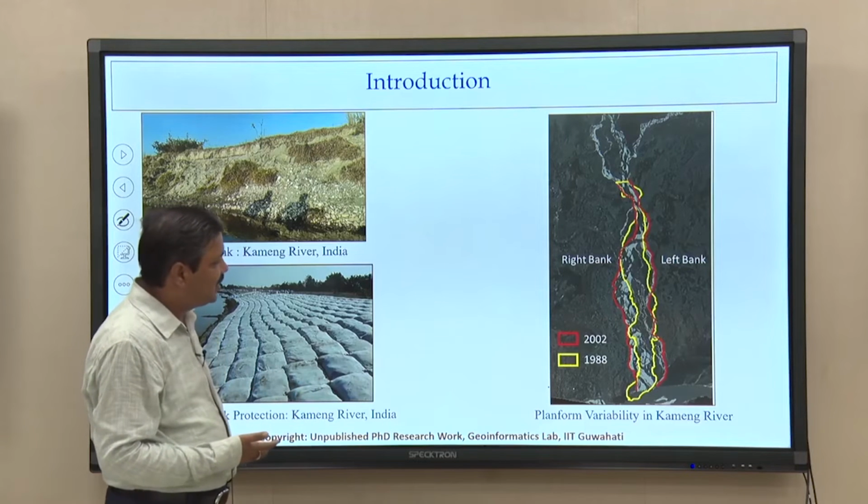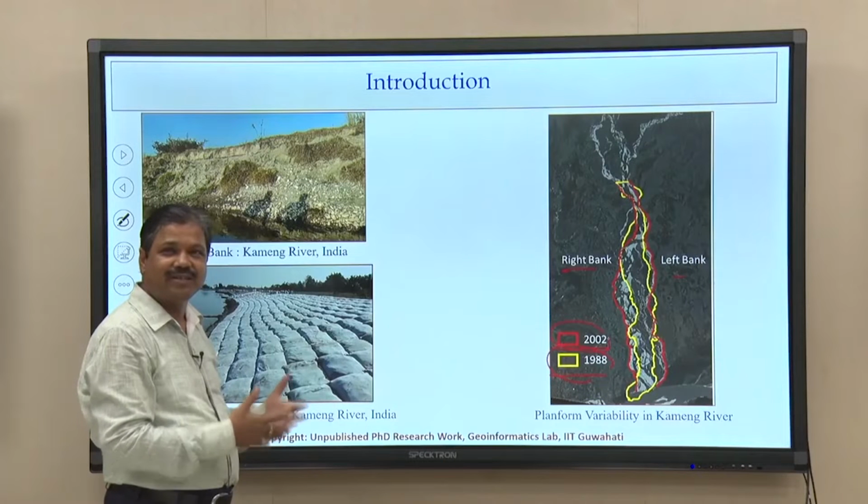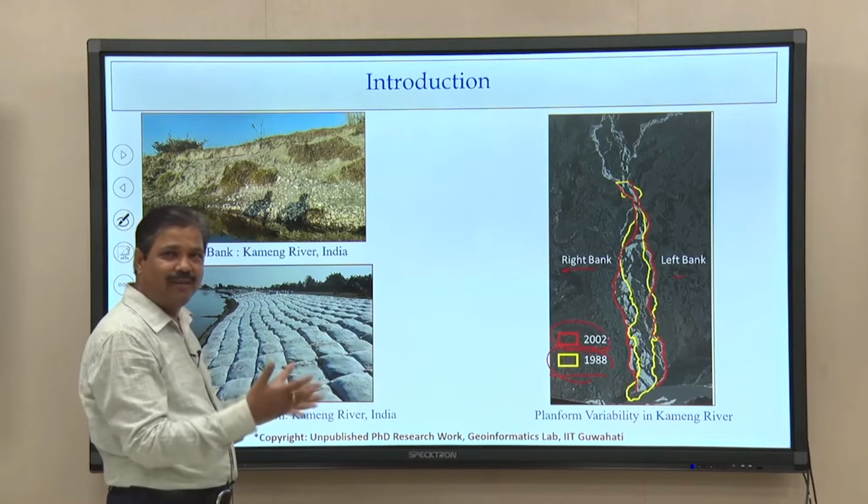If you look at the satellite imagery analysis of the Kameng river, one of the tributaries of the Brahmaputra, you can see how the bank line migrations are happening. This is the right bank, this is the left bank, and you can see between 1988 and 2002 how the bank erosion process is happening, which is quite significant compared to the world level also.